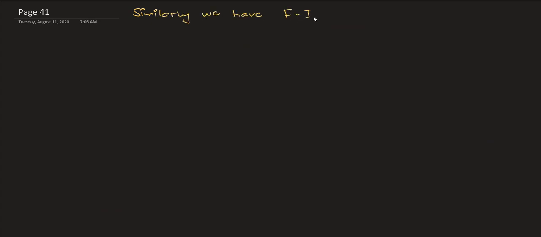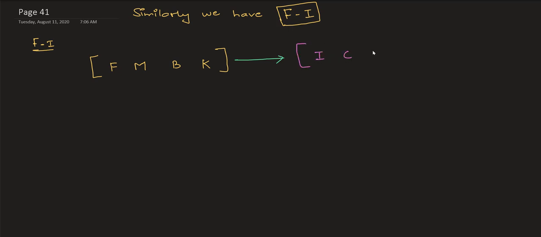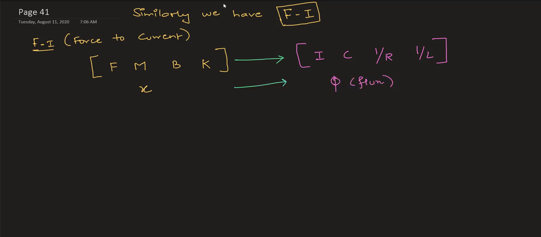So the mechanical to electrical analogy is given for the force to voltage. You are representing it as F, M, B, K, which is your force, mass, dashpot and spring, given by V, L, R, 1 by C. Good. And similarly for your force to current, we are going to represent your F, M, B, K, which is your force, mass, dashpot and spring, and that equivalent is given by I, C, 1 by R and 1 by L. Good.